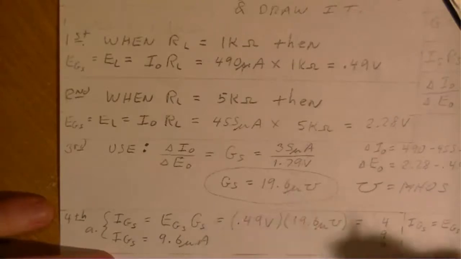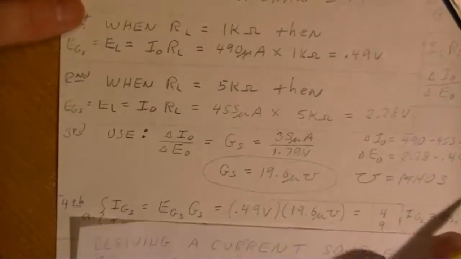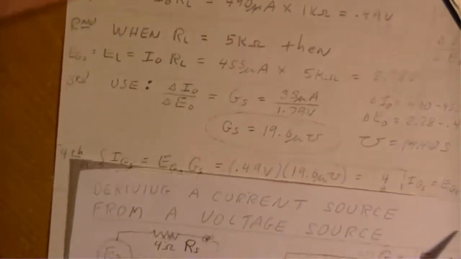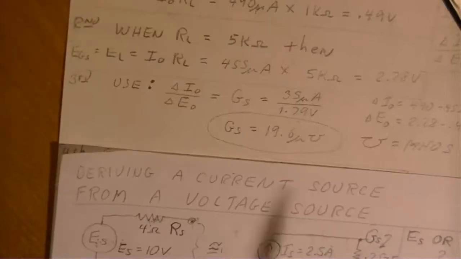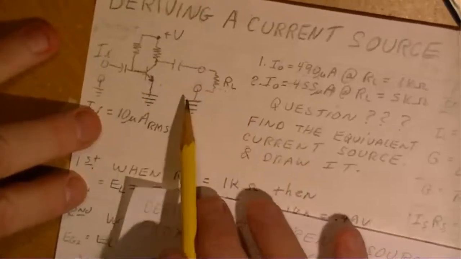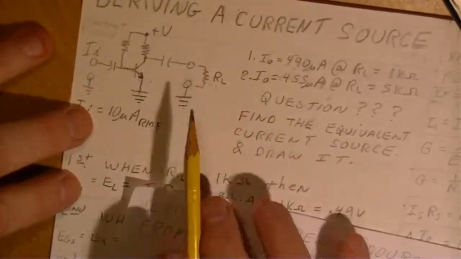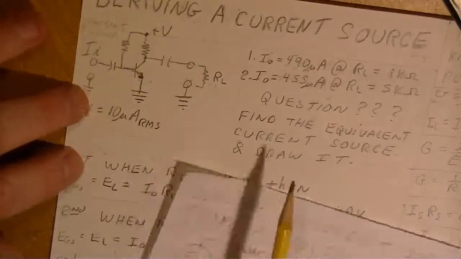Mhos is the duality of resistance. It's just the resistance inverted, that's all. So we're on the way of finding the equivalent of this voltage source, the common emitter amplifier used as a voltage source. What is the equivalent current source?